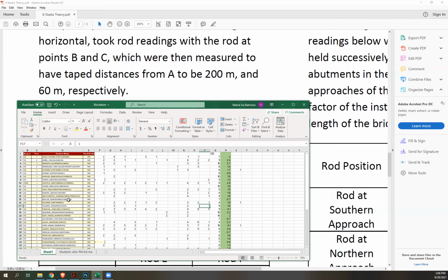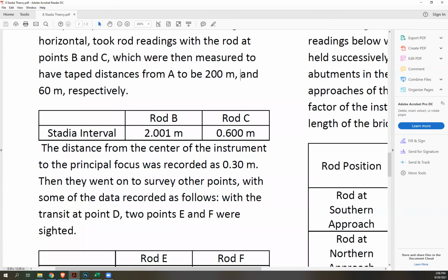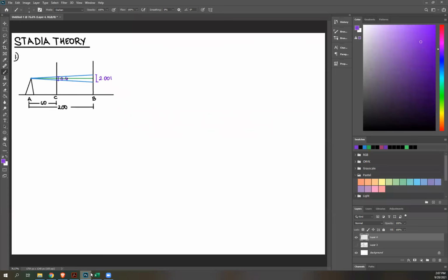Small c, center of instrument; capital C is your stadia constant. Distance of center to principal focus is your stadia constant, capital C. So we're given capital C as 0.30.